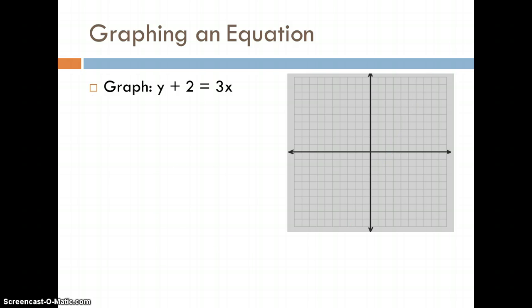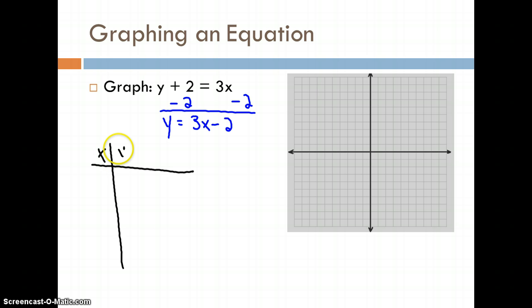If we look at another example here, y plus 2 equals 3x, we'll need to get this again into slope-intercept form, which is y equals mx plus b. So I'll actually subtract 2 from both sides and get y equals 3x minus 2. Now I have x, and then I have y equals 3x minus 2.